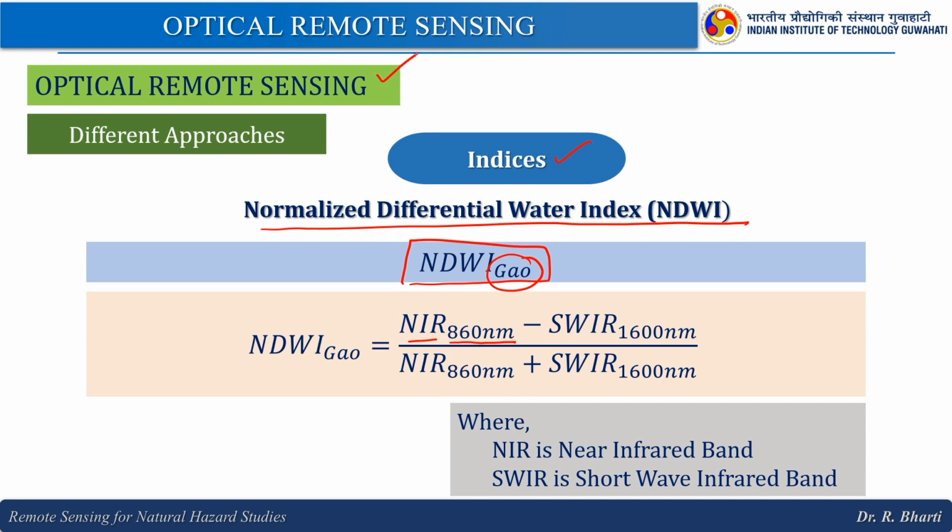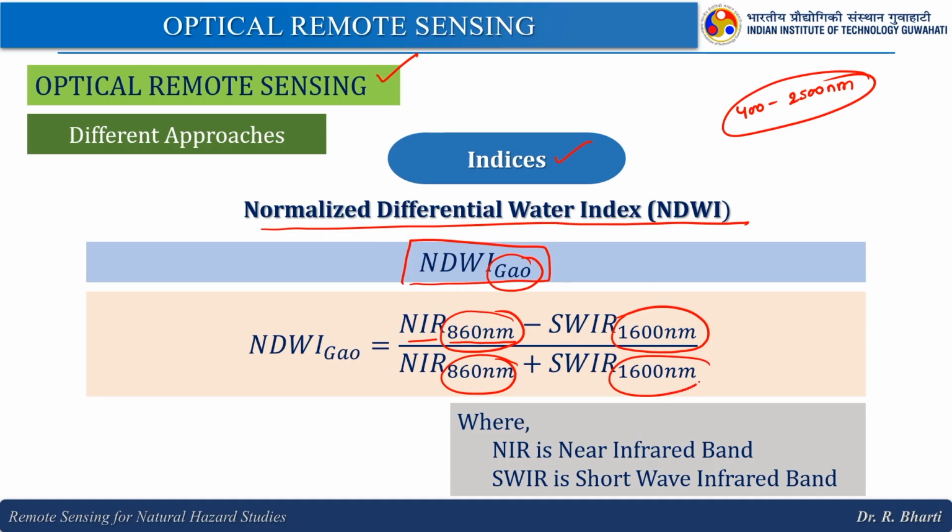We are talking about optical remote sensing, so remember, 400 to 2500 nanometer is used here. So, this is 860 nanometer, and then we use another band, 1600 nanometer. Then we again have 860 and 1600 nanometer in the denominator, so that we have the normalized differential water index, right.